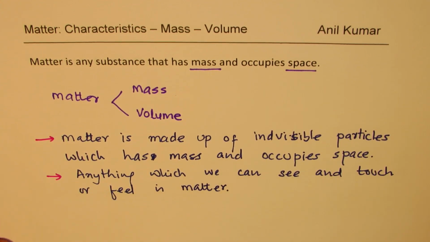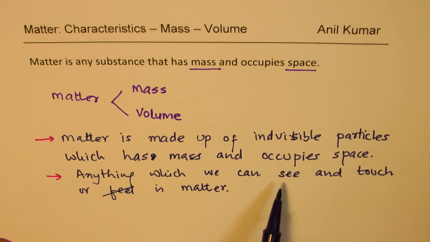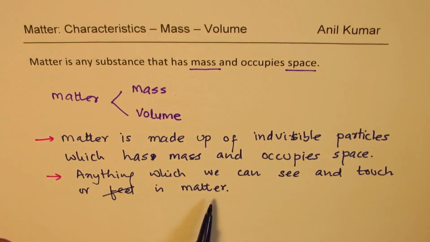Right, so that is what is matter, right? I shouldn't really use the word feel. We'll restrict ourselves to see and touch. Is matter, right? So everything which you see here, paper, pencil, oranges in the market, whatever you see, everything is made up of matter, right? So that is base of matter.